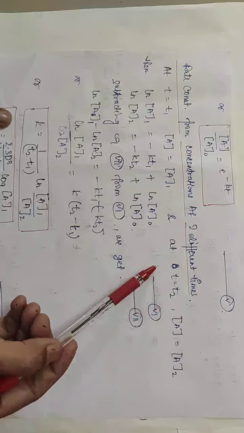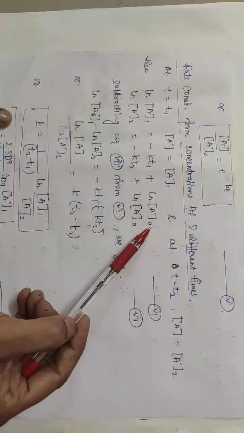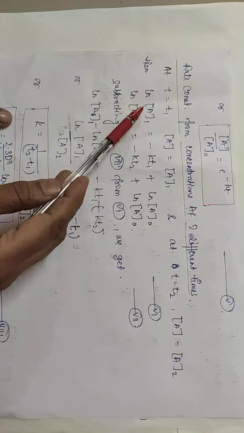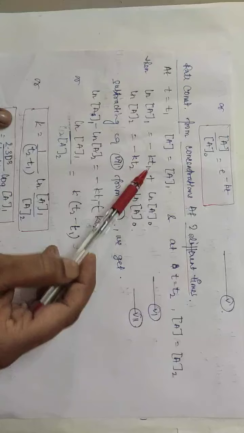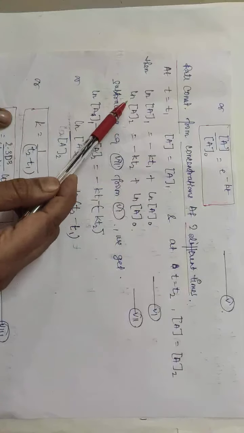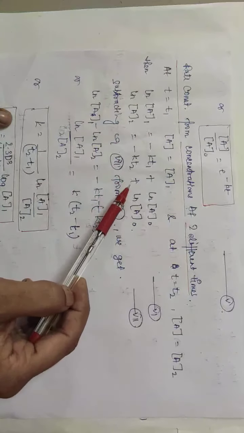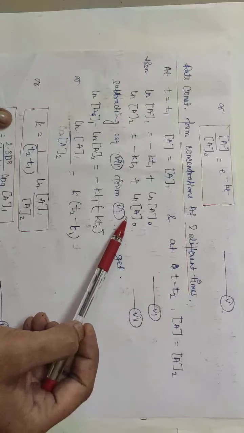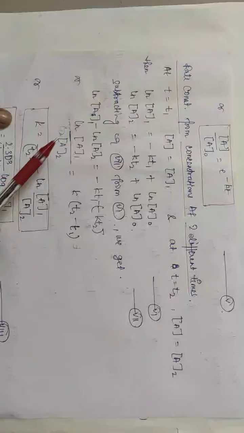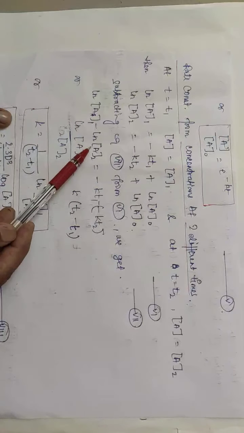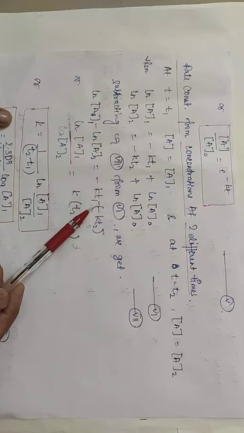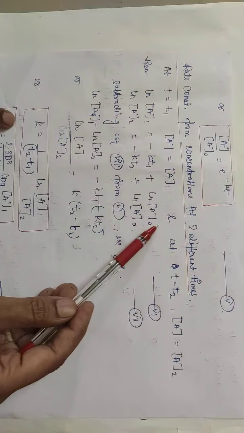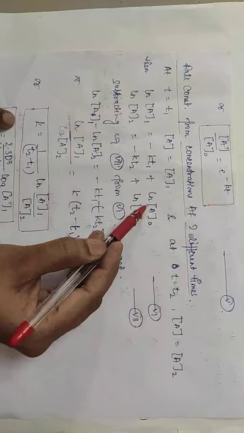For both times we can write the integrated rate equation like this: ln a1 is equal to minus kt1 plus ln a naught, and ln a2 is equal to minus kt2 plus ln a naught. Subtracting the second equation from the first one, we will get ln a1 minus ln a2 is equal to minus kt1 and minus of minus kt2, and ln a naught will cancel out.